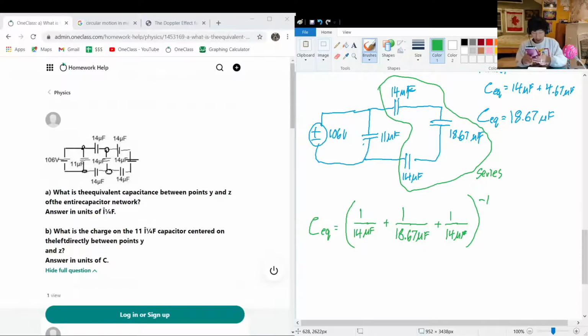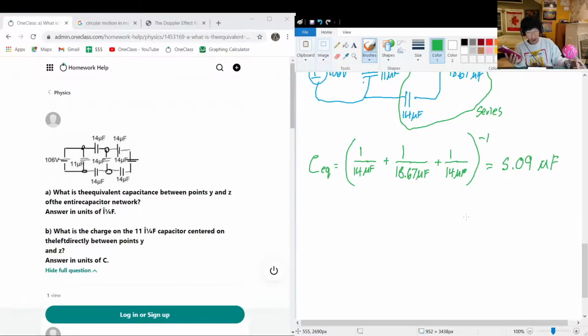Let's do that math real fast. 14 to the power negative 1 plus 18.67 to the power negative 1 plus 14 to the power negative 1. Close the bracket, everything to the power negative 1. And our result is 5.09 microfarads.